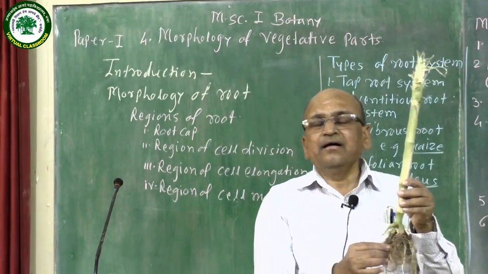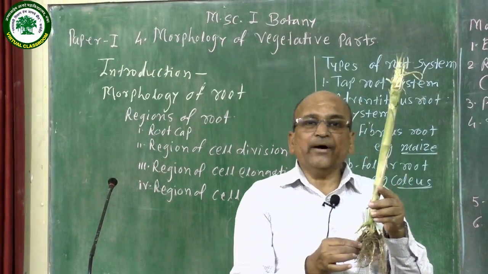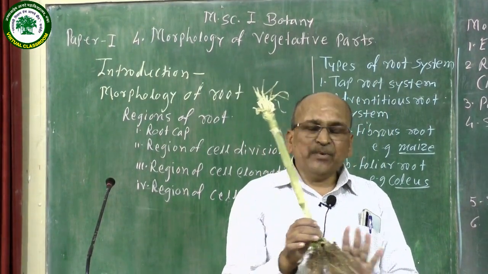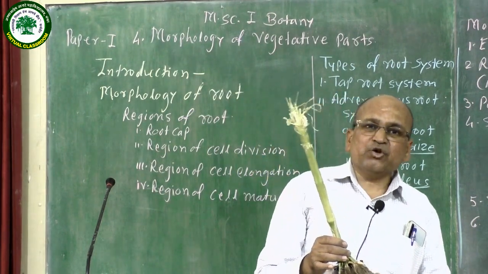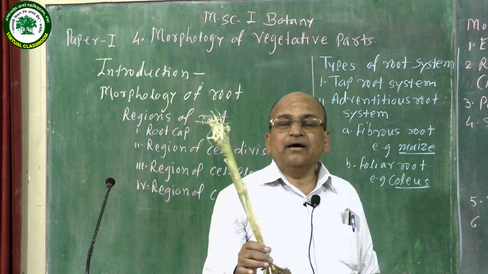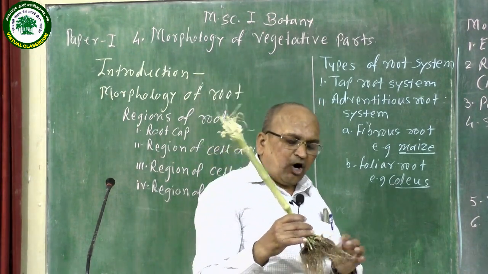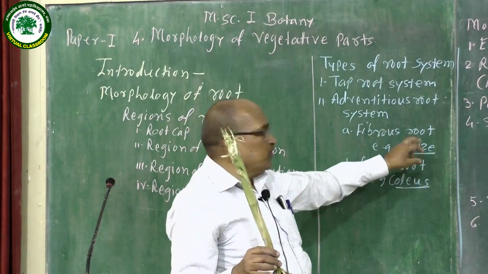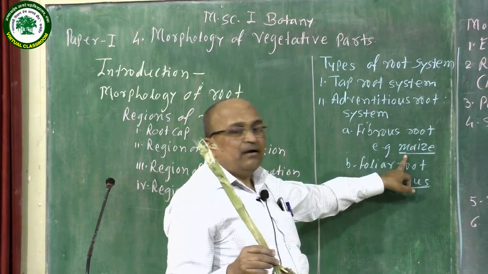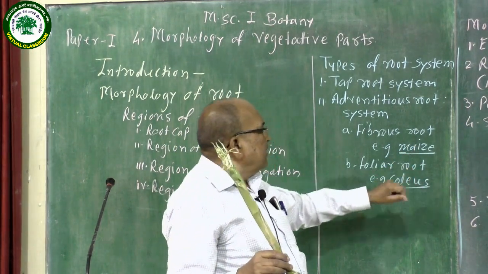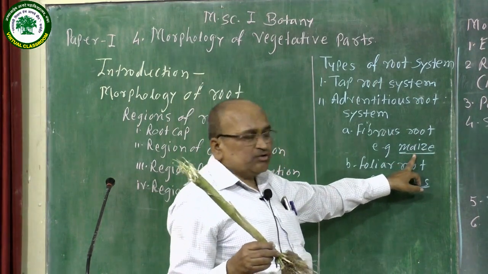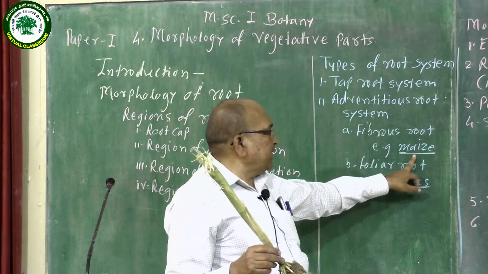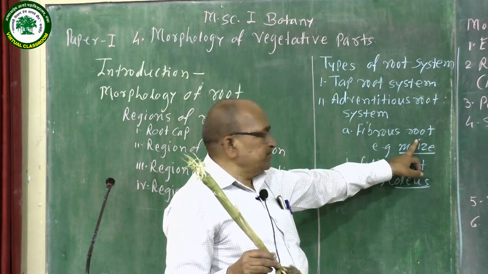They are called an adventitious root system, and their growth is only in the upper surface of the soil. This root system is not a deep root system. All these roots are like fibers, so it is called a fibrous root system or fibrous root. Example is the maize. It is seen in the family Gramineae. All members from family Gramineae show the fibrous root system.